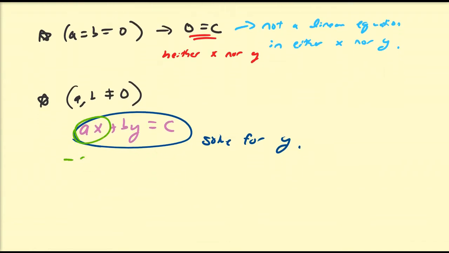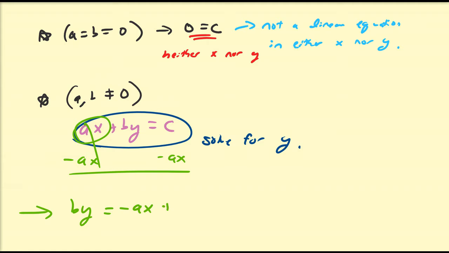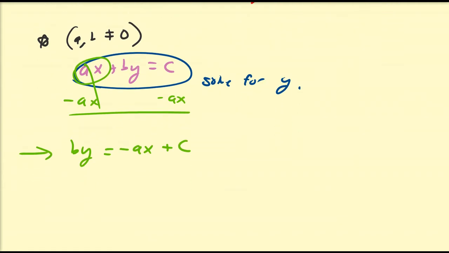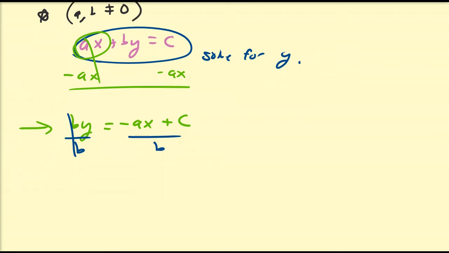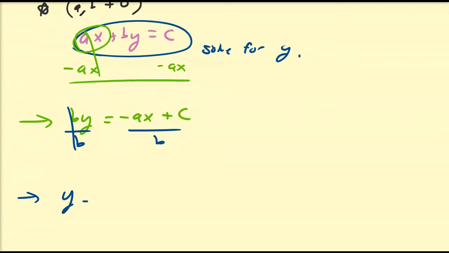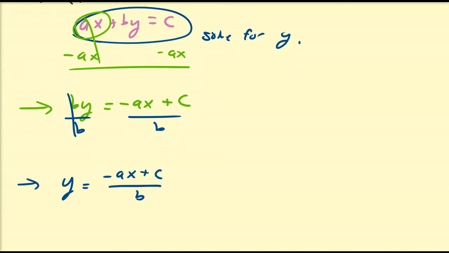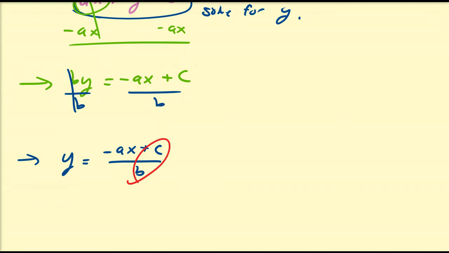I'm going to subtract ax from both sides, so I get by = -ax + c, and then I'm going to divide both sides by b. b is non-zero, so this is a fair move. So y is equal to (-ax + c) all divided by b, which is the same thing as dividing each of the sum components by b, one of the basic properties of fractions. So we can rewrite this as y = (-a/b)x + c/b.